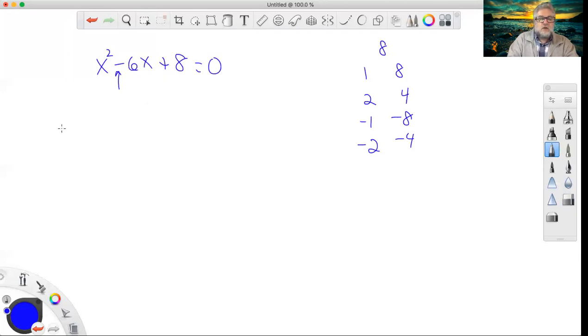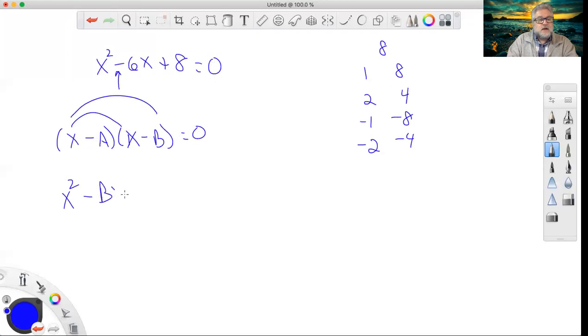And recall when we factor something, x minus a times x minus b, when I multiply this out, I'm going to have x squared minus bx minus ax, and minus times minus is positive, plus ab. And I'll group these together, b plus a.